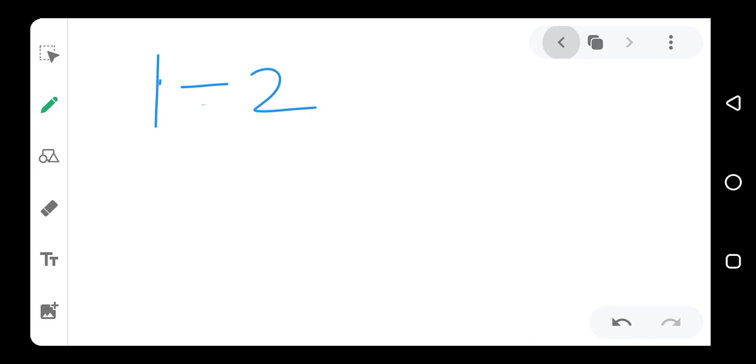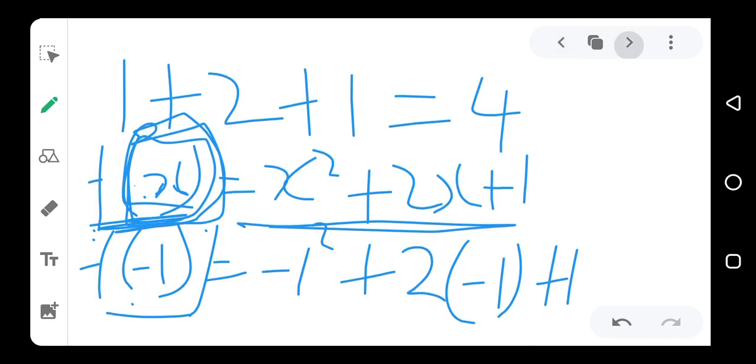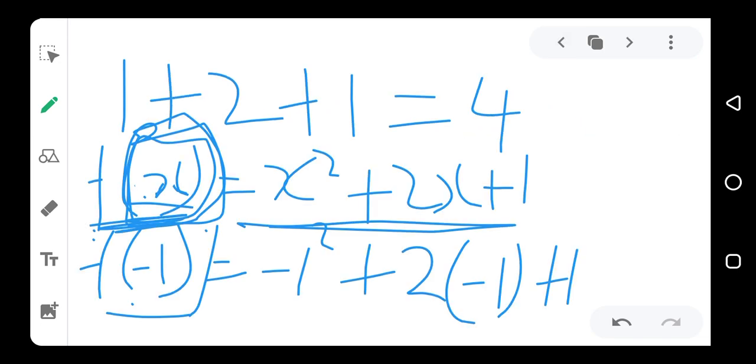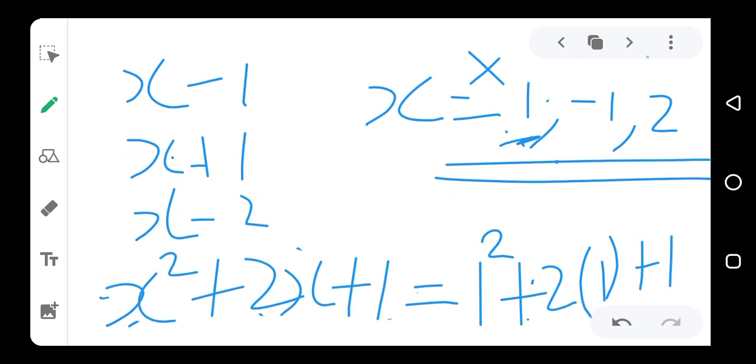Minus 2 plus 1 plus 1. Now this is going to give us 2 minus 2, and this is equal to 0. Therefore, minus 1 is a true root of the quadratic function.